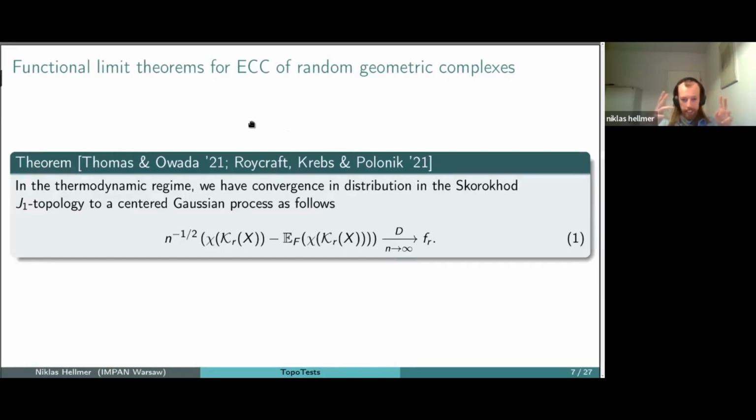There are several questions in there. So let me try to go through that. So this here is normalized in a way. Here you subtract the expected Euler characteristic curve. So this is just a statement about the limit, and this is a Gaussian process, some trajectory, some path parameterized by 0 to infinity with expected value 0.